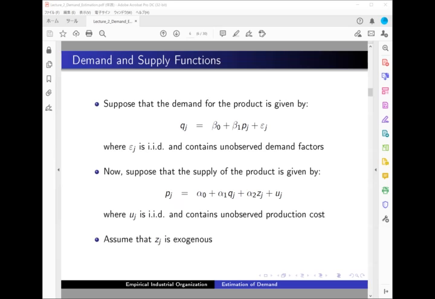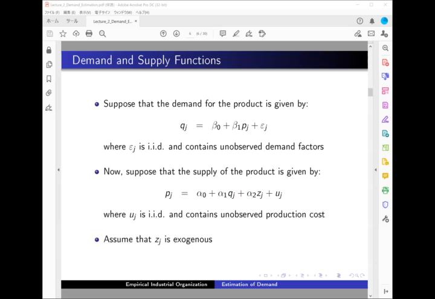Now, suppose that the supply of the product is given by a linear function of quantity produced and the price of input. Here, the unobservable U captures every unobserved supply factor or unobserved production cost.